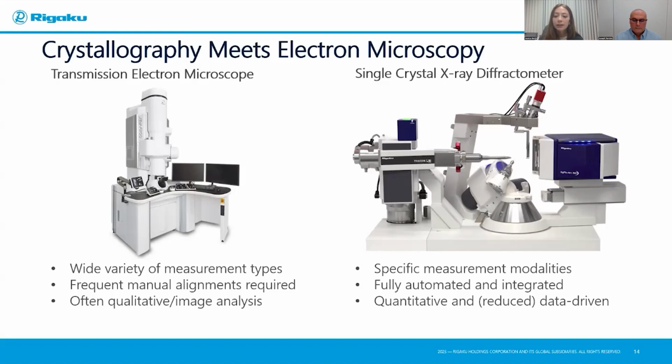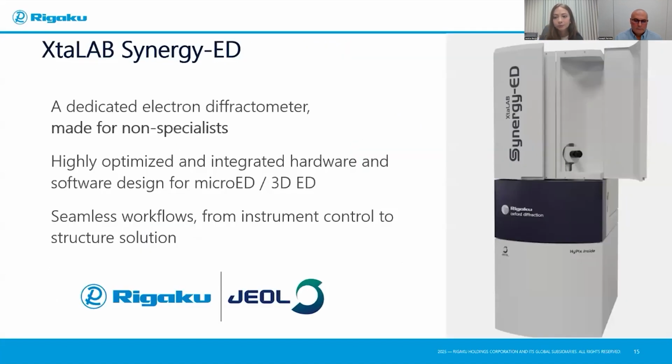And you don't have this quantitative, data-driven approach to your data collection. So when you're performing a crystallographic experiment, there are certainly differences in expectations when it comes to instrumentation and analysis when you're performing an experiment on a more traditional diffractometer like we see with X-rays as opposed to electrons.